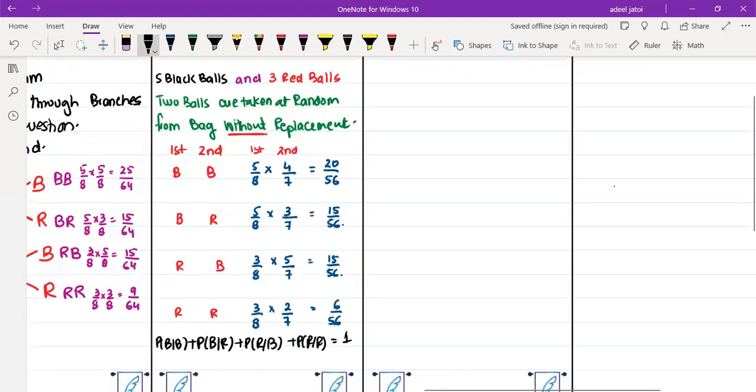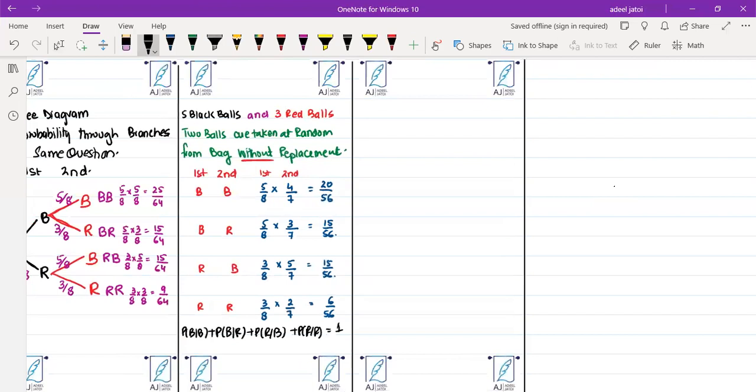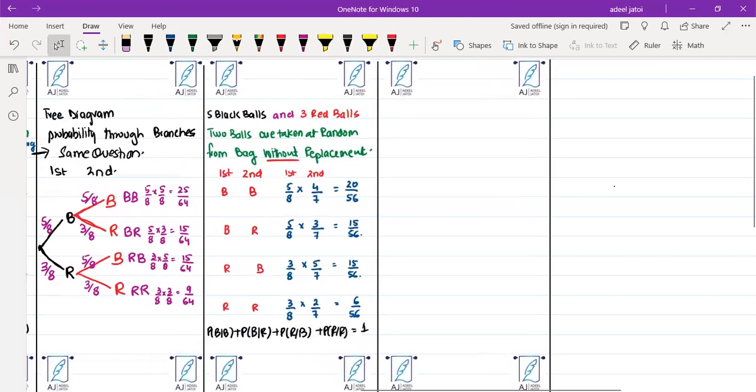Now, same question, if I want to draw my tree diagram, we will be writing down the tree diagram. Probability through branches, right?